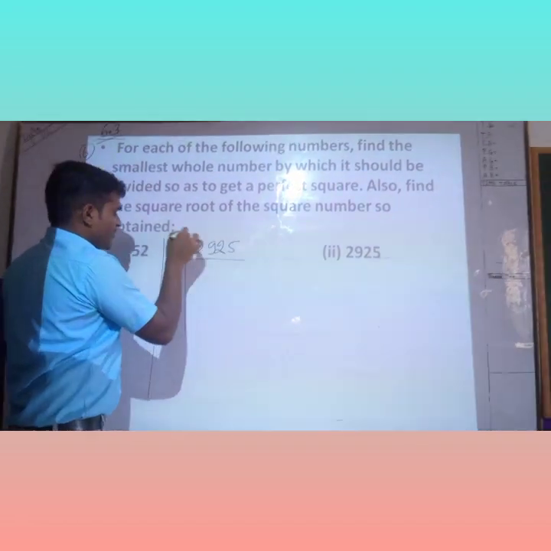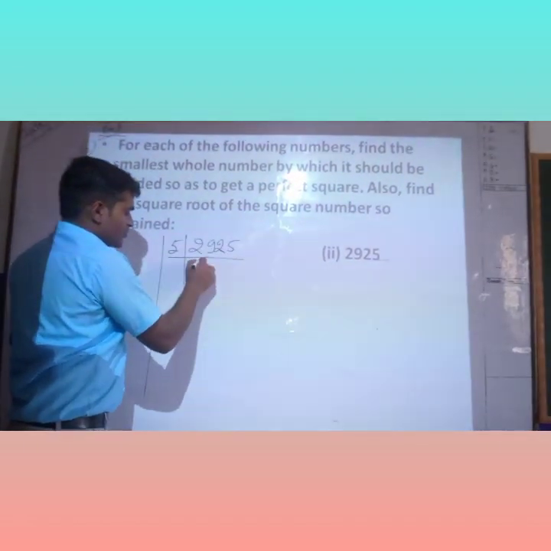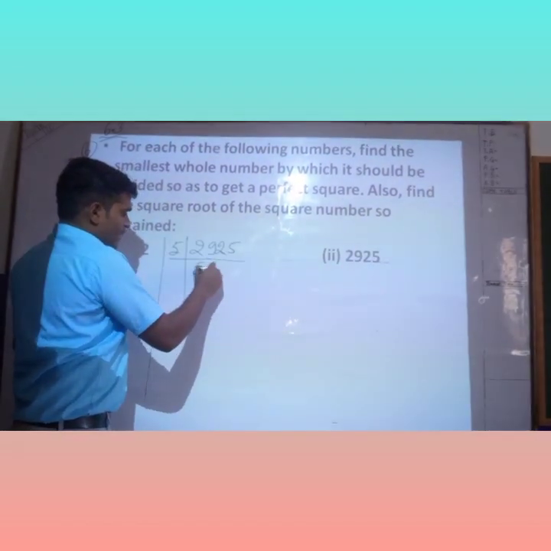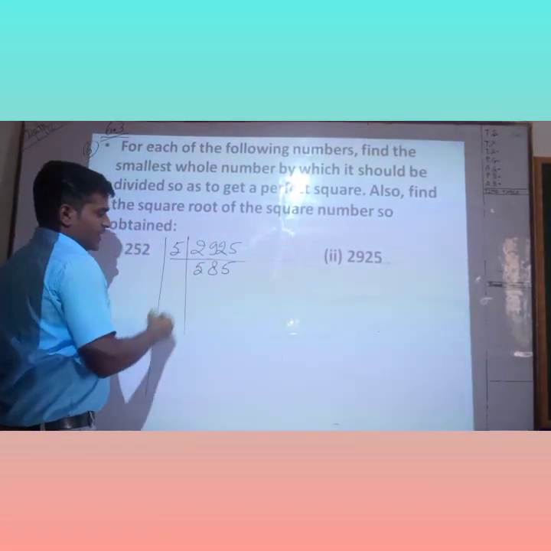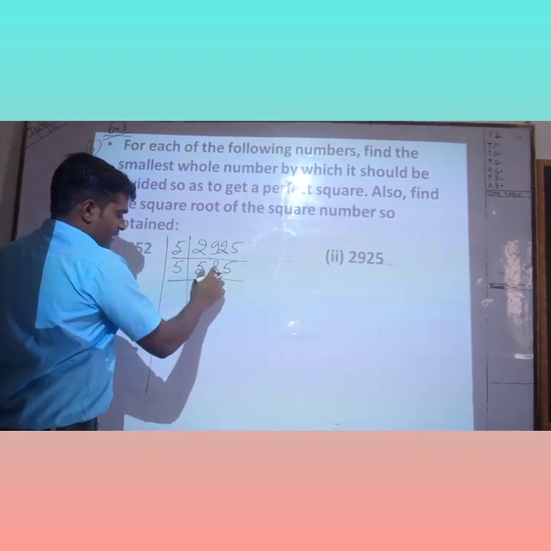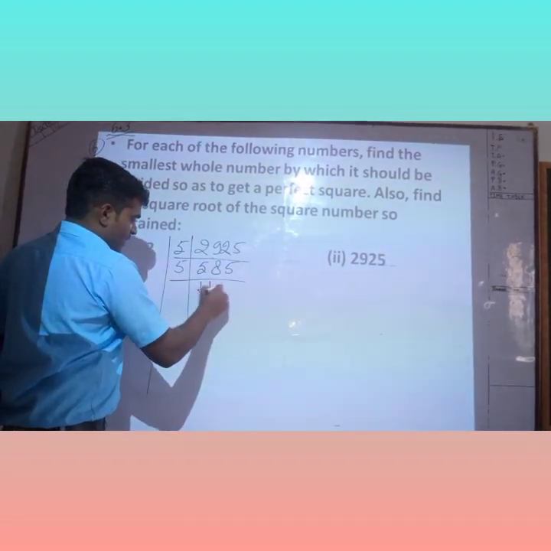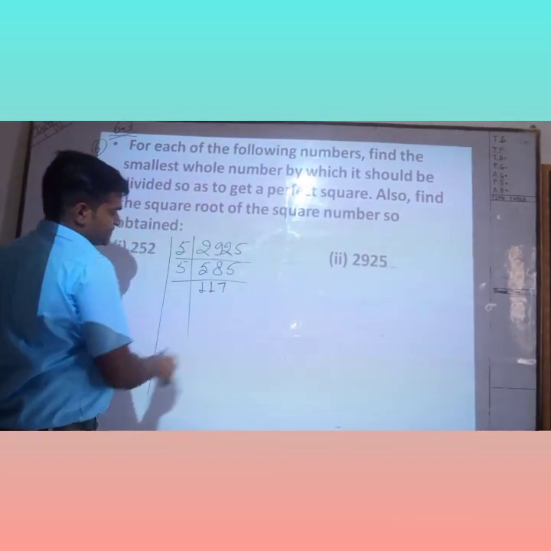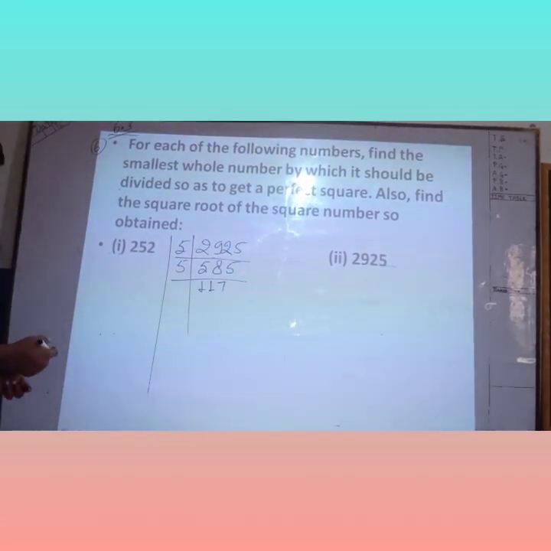So divided by 5, 5 fives are 25, 5 eights are 40, 5 fives are 25. Now again it is divided by 5, 5 ones are 5, 5 threes, 5 sevens are 35.